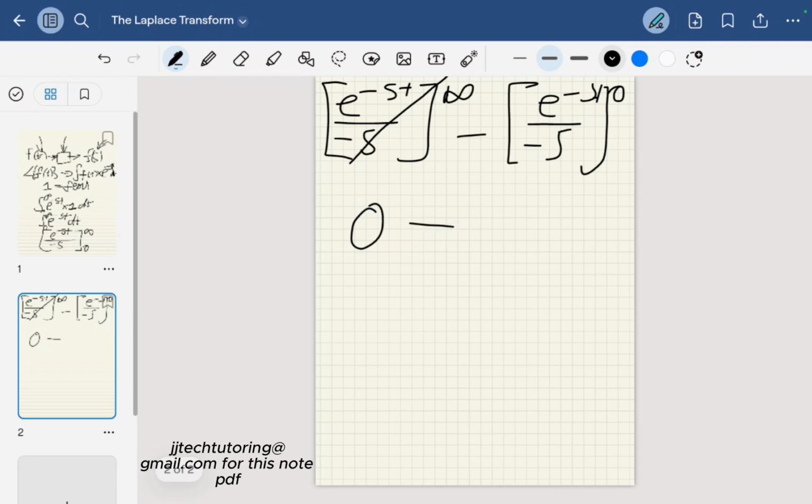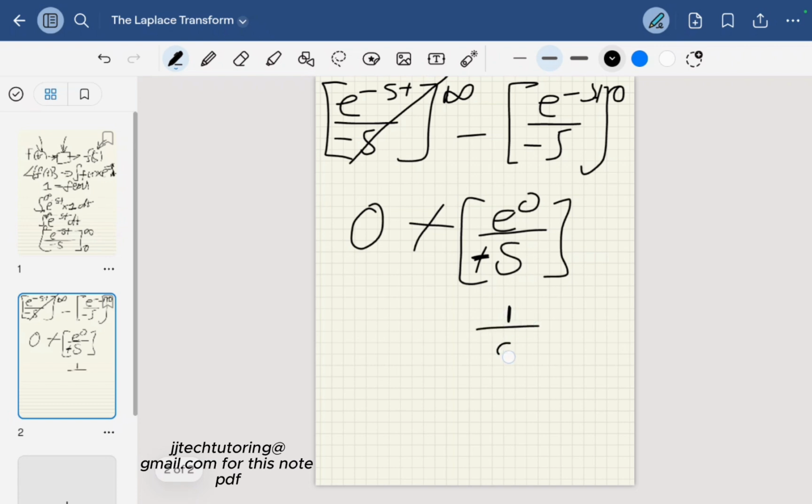Then 0 minus e to the power 0 divided by s, and there is a negative here. So this negative and this negative will cancel. Then e to the power 0 is 1, so the answer is 1 over s.